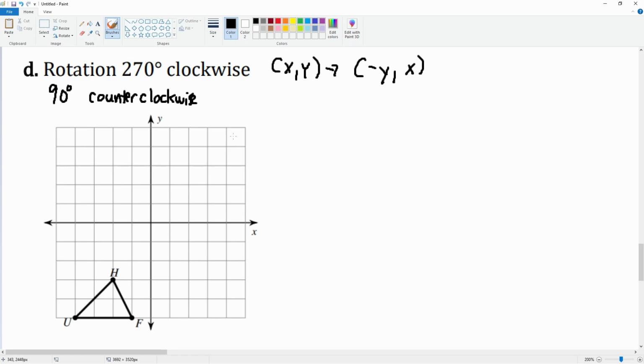All right, so let's grab the points. H here is -2 comma -3. F is -1 comma 1, 2, 3, 4, 5. And then U is 1, 2, 3, 4.